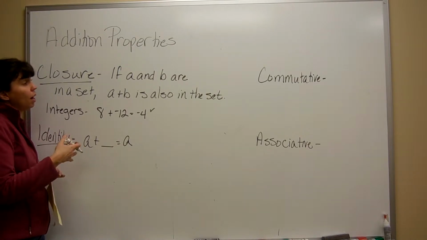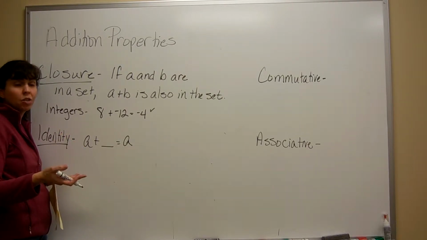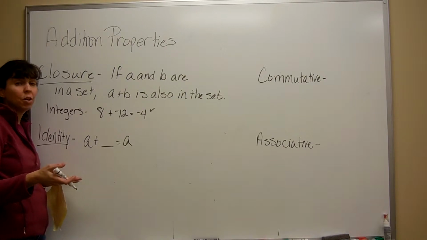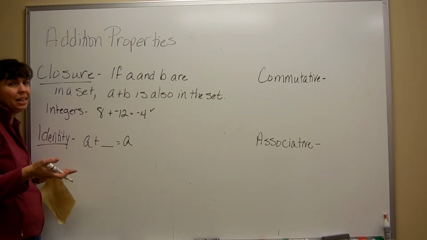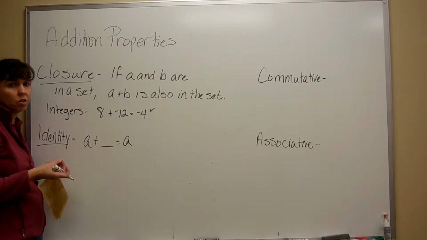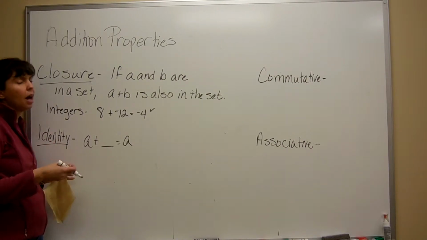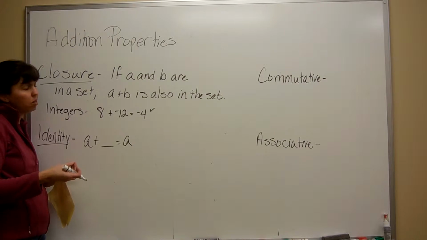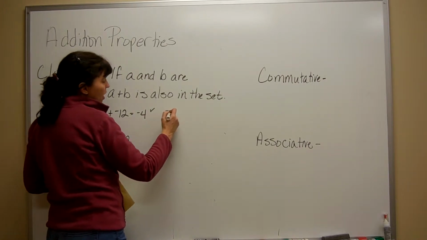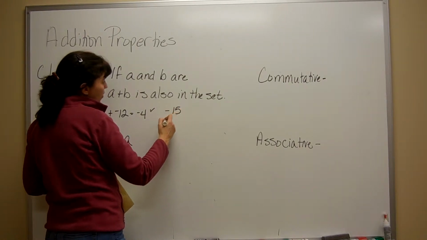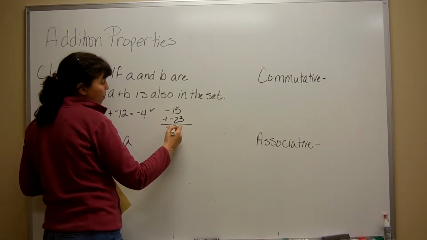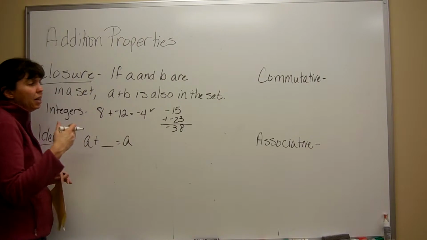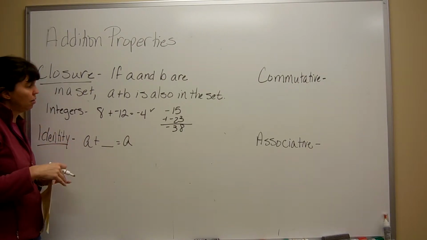Now, it's really difficult to prove that it's true for everything because you would have to show every single case. So what we want to do is ask, can we come up with any example where I take two integers and add them together, and I don't get an integer? Is there any way to take two numbers, negative 15 plus negative 23, and when I add those together, my answer is ever not an integer?